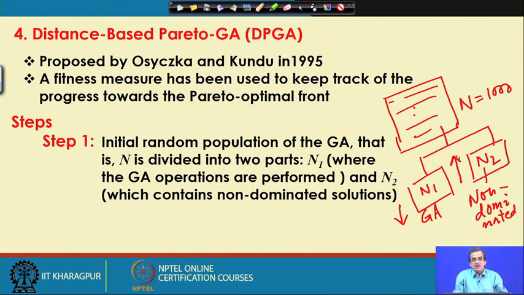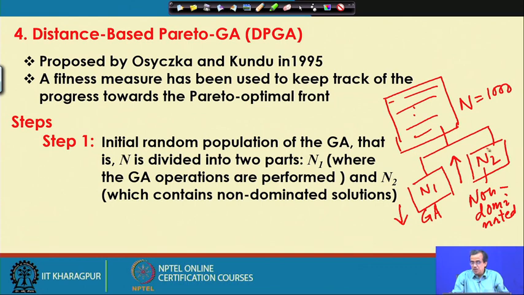Once again, let me repeat: we start with N, which is divided into two subpopulations N1 and N2. On N1, the GA operators will work to find diversification, and it is going to supply some solutions to N2. The size of N2 is going to increase with the number of iterations, and gradually the size of N1 is going to decrease.